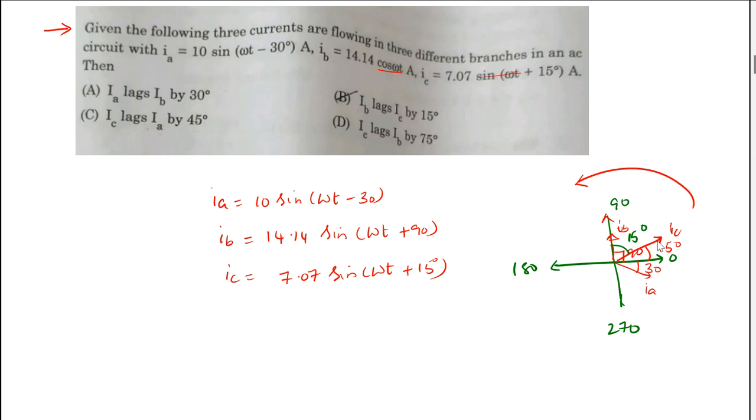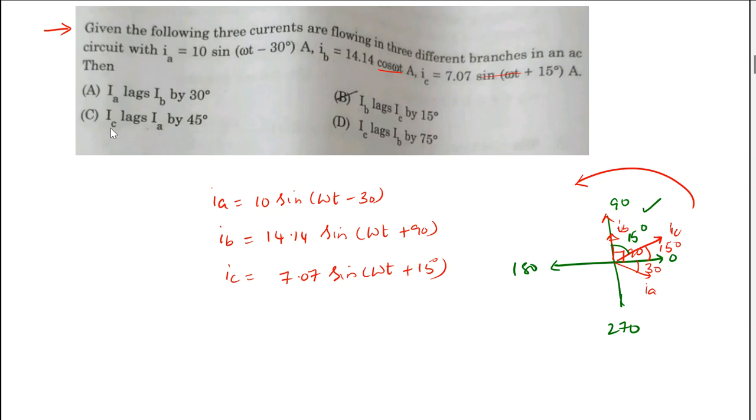So IC lags IB by 75 degrees here. Was 90 minus 15, means 75. So IC lags IB by 75 degrees is the answer here.